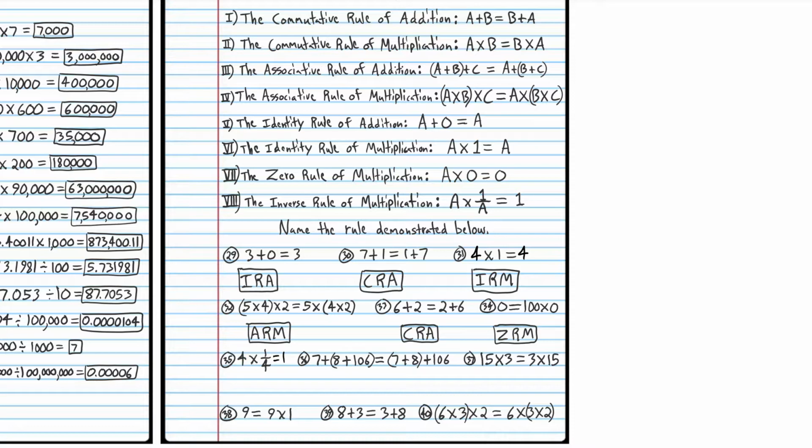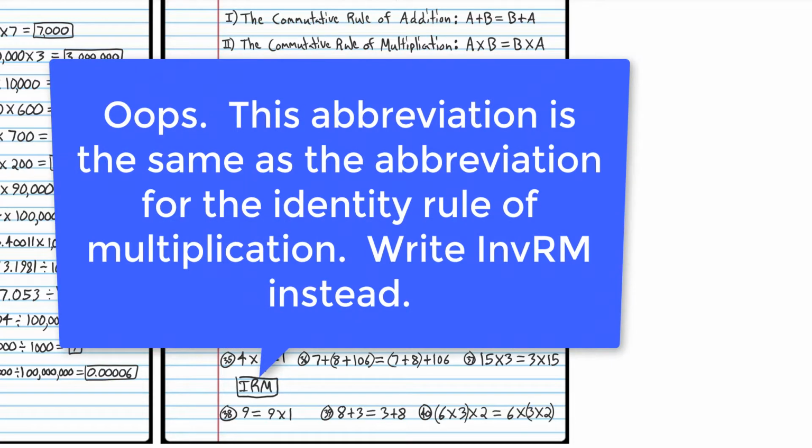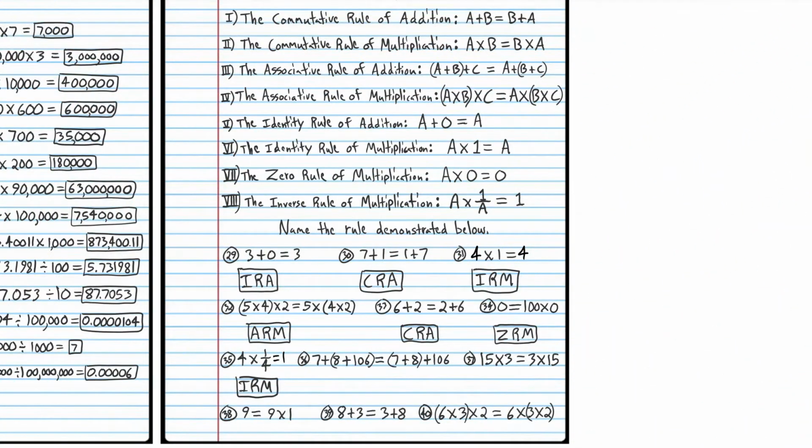So that must be the inverse rule of multiplication. So if you got that answer, good job. Number 36, this is telling you it doesn't matter which numbers you add first. You get the same answer, so that's an associative rule of addition. So if you got that answer, good job.